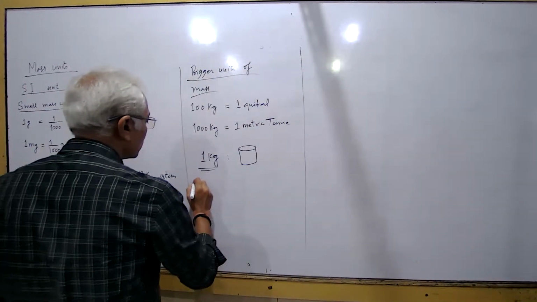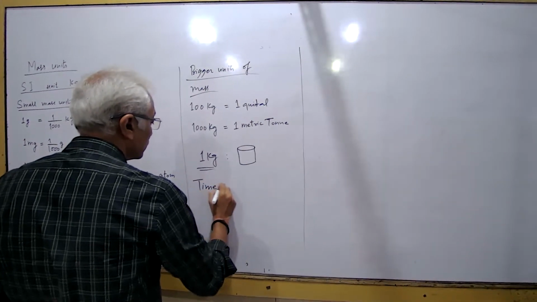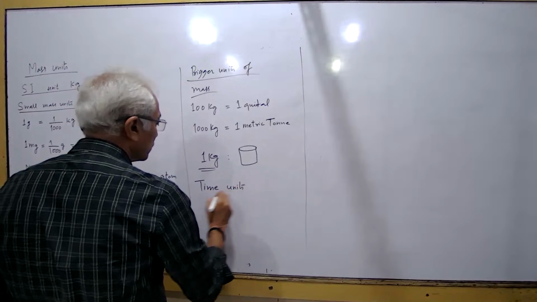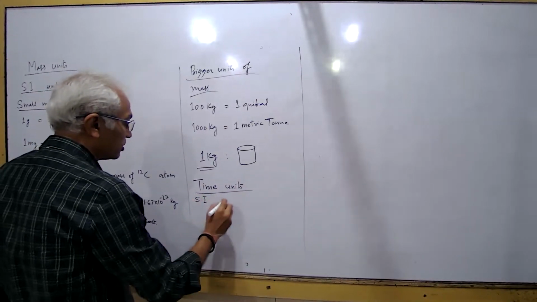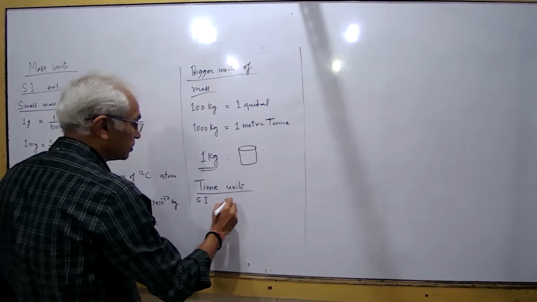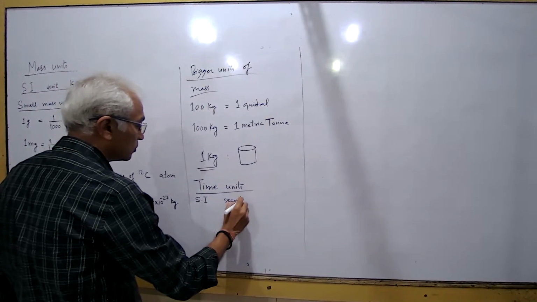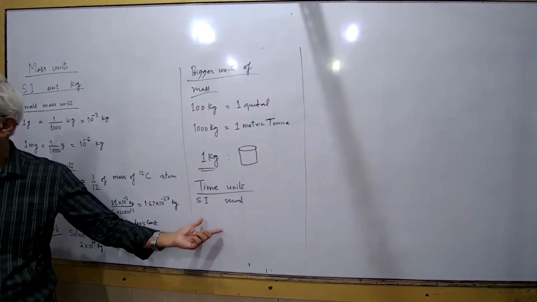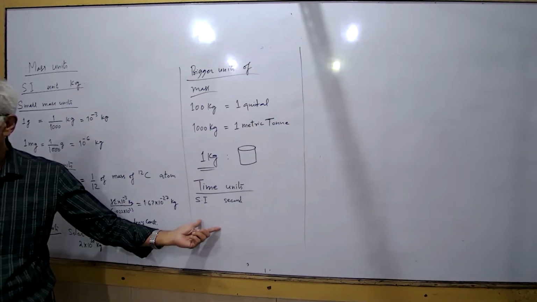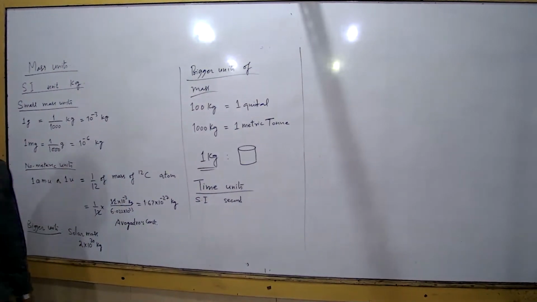Time. So of course, the SI unit you know is second. Time is duration. So what duration is 1 second?